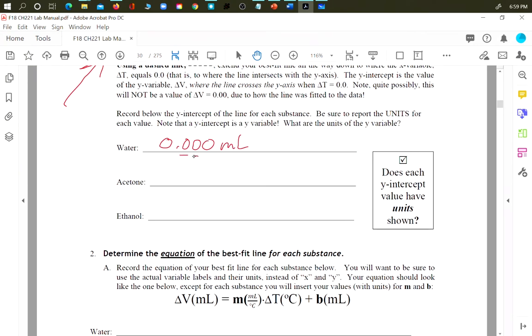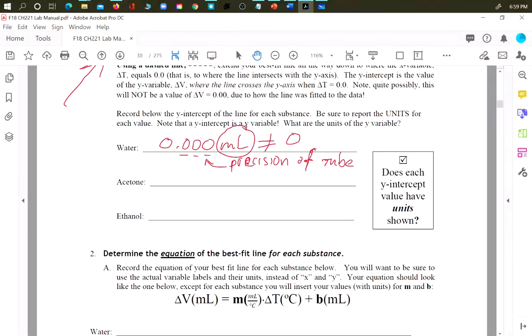Why so many zeros? That's the precision of the tube. The handwriting is atrocious. That's the precision of the tube, so you would not just write 0. And you should notice that I also need the units in there as well.